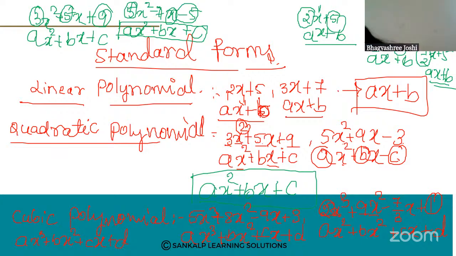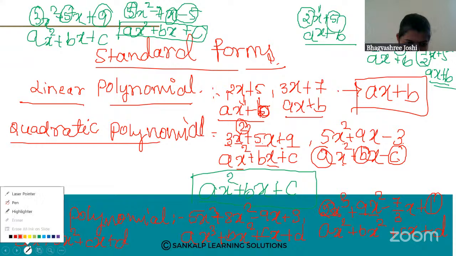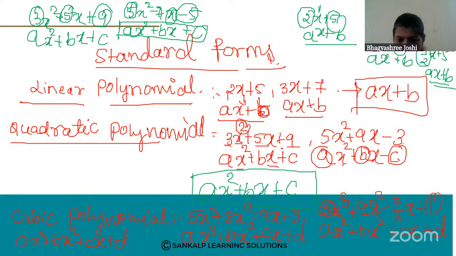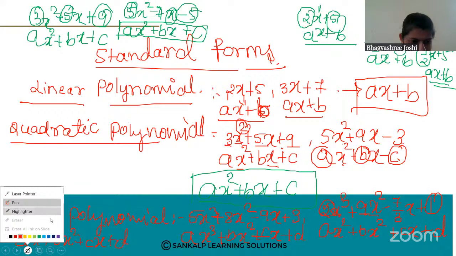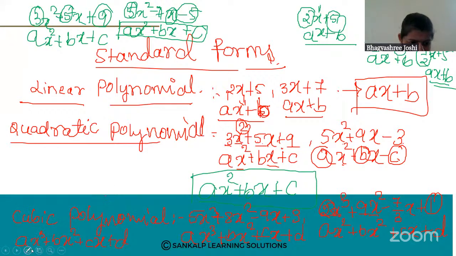A and b are real numbers and a is not equal to 0. See, if it is a linear polynomial, yesterday one student asked me a question. I looked at it later, so for a linear polynomial it is ax plus b, right?